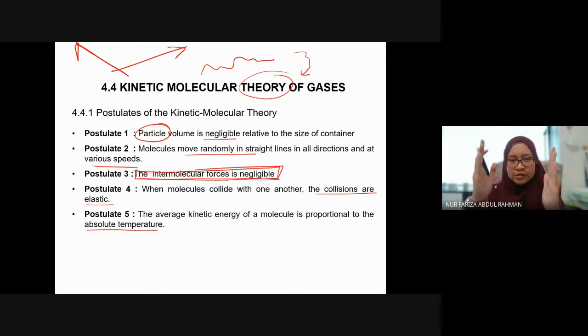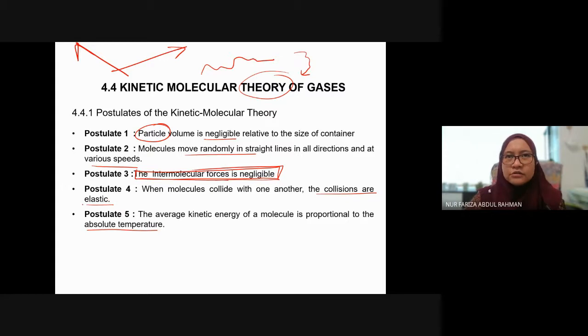Dia proportional, sebab kita assume dia tak ada attraction tu. Kalau ada attraction and whatnot, it will not increase proportionally. Mungkin increase sikit ke ataupun dia opposite inversely ke. So that's why it's because of the intermolecular forces.